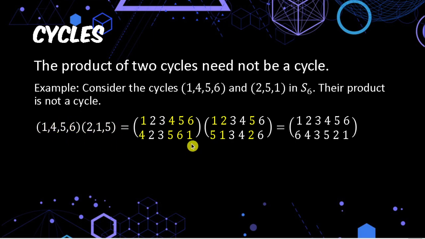Itong cycle na ito, this is the equivalent permutation. Naka-fix ang 2 at saka 3. 2 to 2, 3 at saka 3. Ganon din sa 2, 5, 1. Ito yun. And, if we look at the result, ito, bakit hindi siya cycle? Bakit kaya hindi ito cycle?